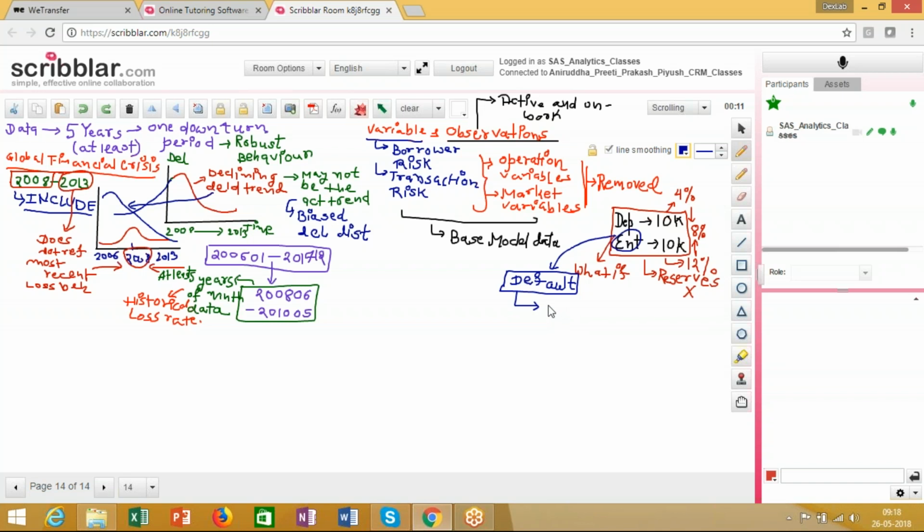So let's assume for simplicity that this entrepreneur did not pay back anything to the bank. So the loss arising from the credit default to the bank was 10,000 rupees, minus 10,000. So the bank had lost 10,000 bucks.